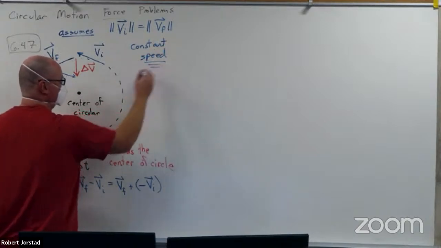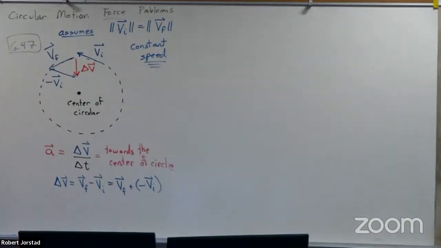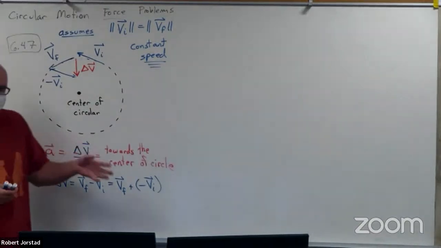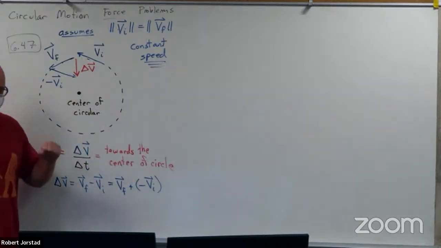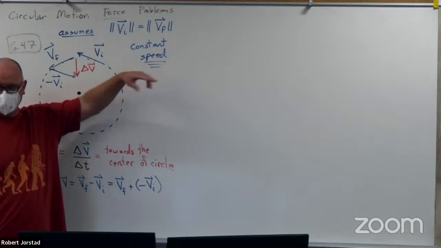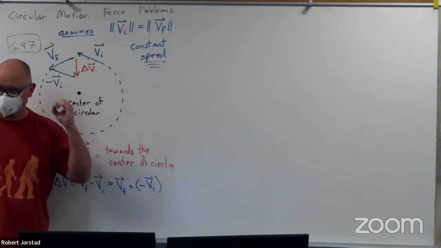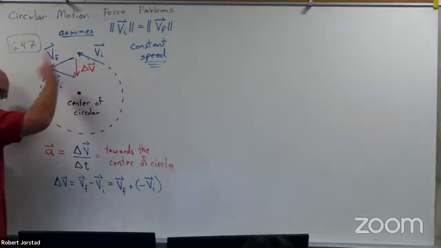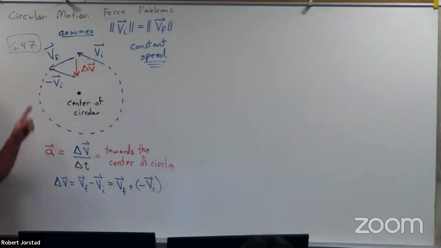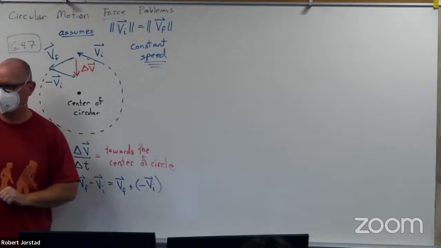And this is going to be the crux of why all these problems are a little bit odd feeling. Up until now, when things were moving at constant speed, what was the acceleration? Zero. Now we see if you're moving in a circle at constant speed, you have acceleration towards the center. Very different.